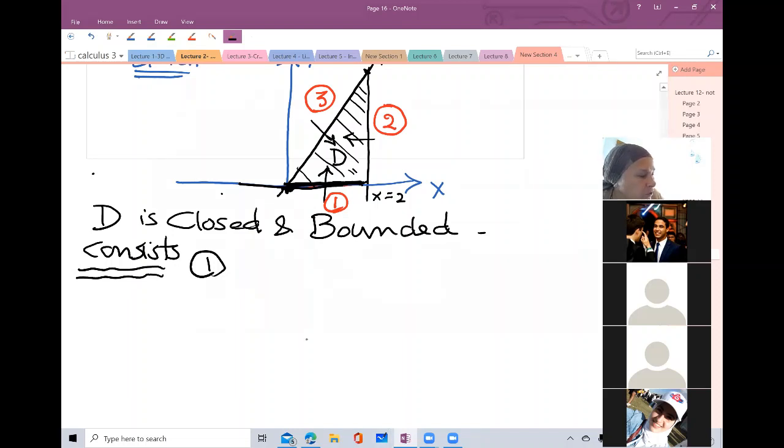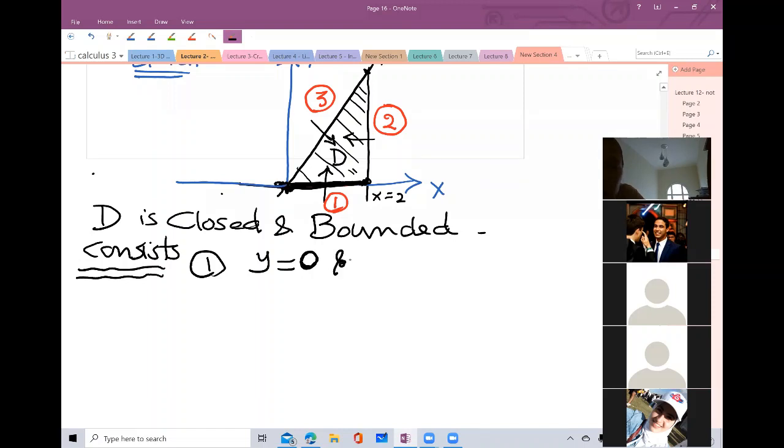It's the x-axis, or y equals 0, exactly. If I say y equals 0, does this define the whole axis? I only need this part. To be very specific, it's y equals 0 and my x is bounded from the points 0 to 2, right? You want to describe everything in detail to be able to solve.